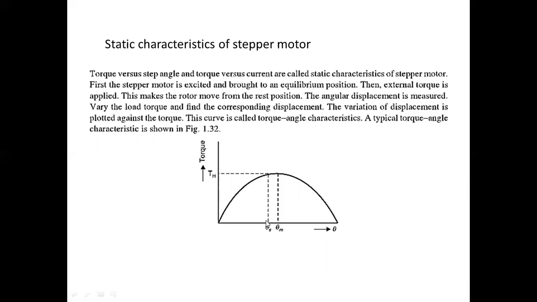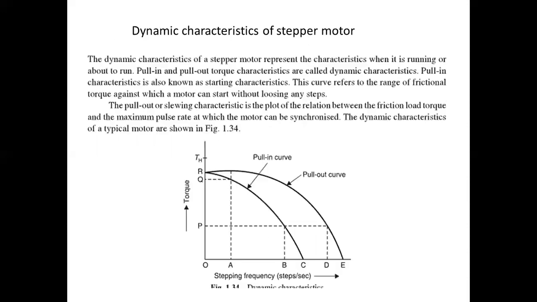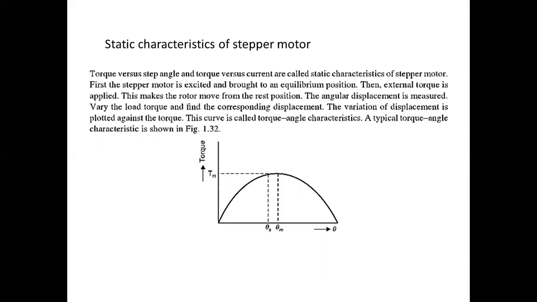Whenever you excite the A phase coil, the rotor rotates, and whenever the rotor is rotating the torque is rising. Up to this point, theta s is the step angle. Theta m is the maximum step angle. If you consider theta s as the point, one step has been taken, and therefore the torque value is like this.